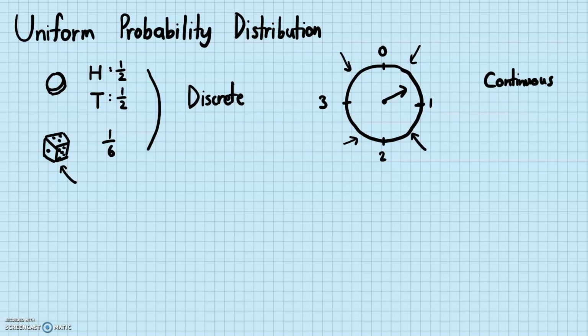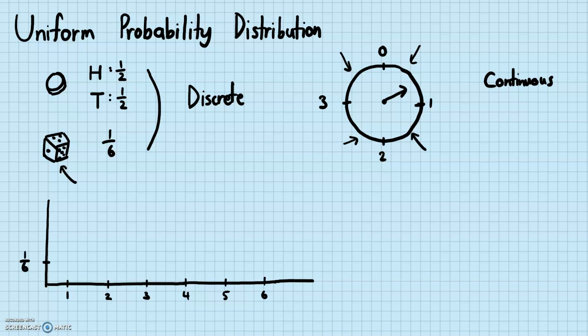Now let's try to model this probability distribution in a graph. Let's do the die problem here. We're going to have the possible outcomes over here: 1, 2, 3, 4, 5, and 6. And each of these is equally likely to happen, so they're all going to have a height of 1/6.